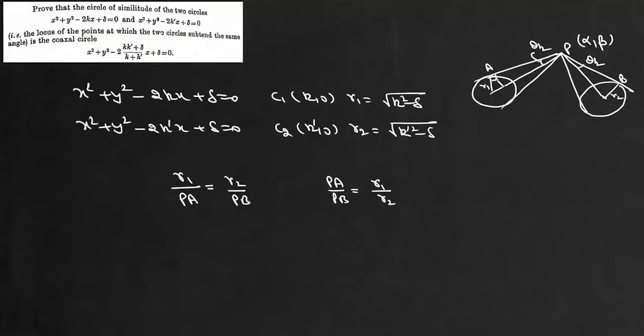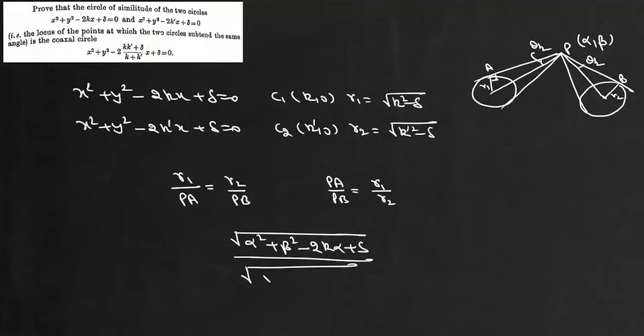Now PA is the length of tangent, so it will be under root of alpha square plus beta square minus 2k alpha plus delta, and here will be under root of alpha square plus beta square minus 2k dash alpha plus delta, and will be equal to under root of k square minus delta upon k dash square minus delta.